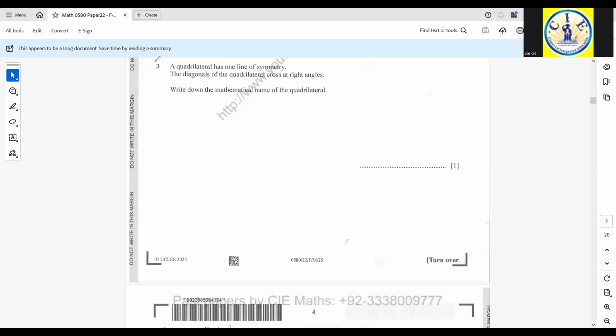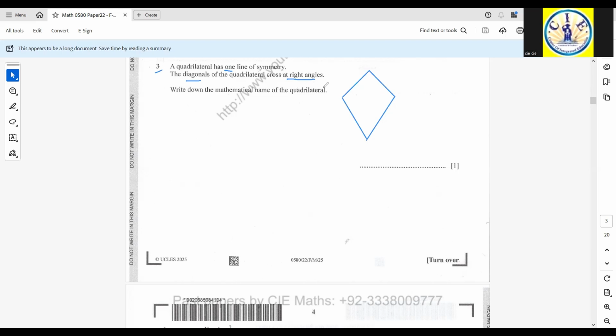Question number 3. A quadrilateral has one line of symmetry. The diagonals of the quadrilateral cross at right angles. Write down the mathematical name of the quadrilateral. For this, we need to see that this type of quadrilateral is a kite, which has one line of symmetry, and the diagonals cross at right angles.